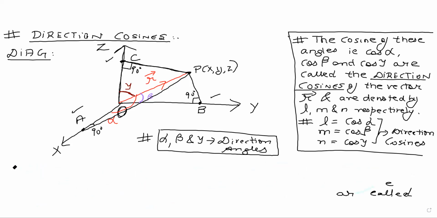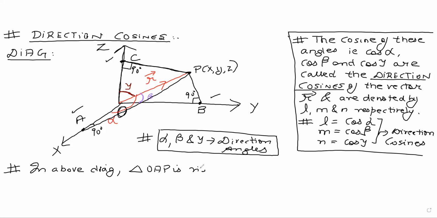What we have done is we have joined point P with points A, B and C. You can see that in the above diagram, triangle OAP is a right angle triangle. Now again guys, close your eyes and try to visualize it.